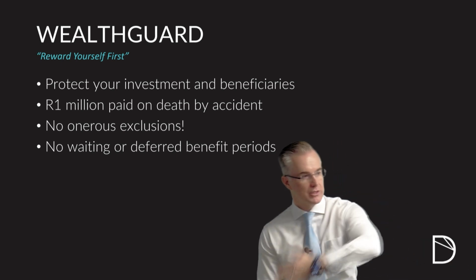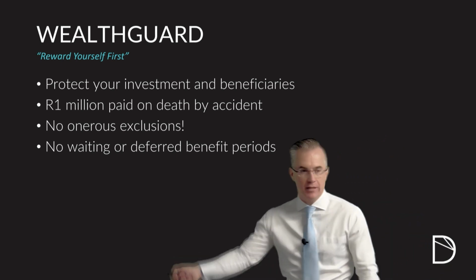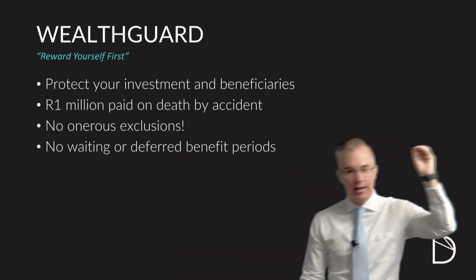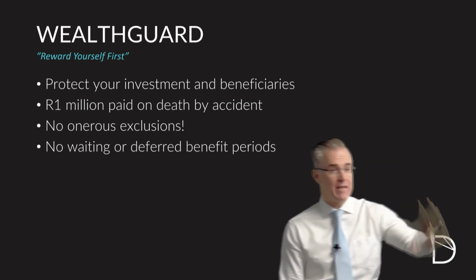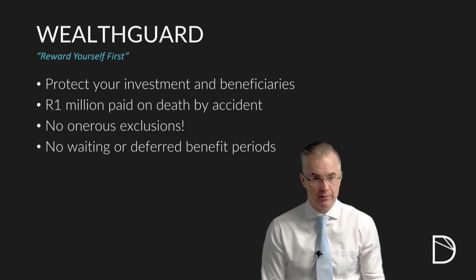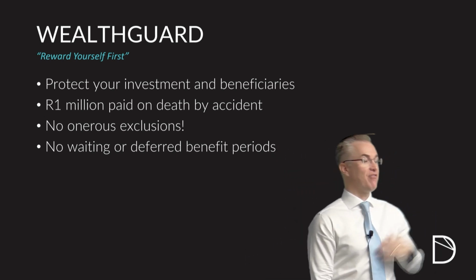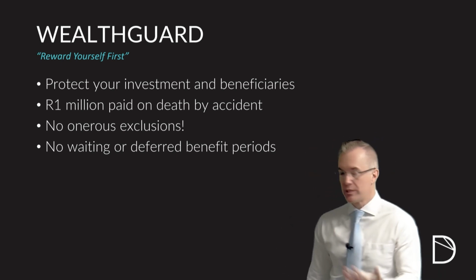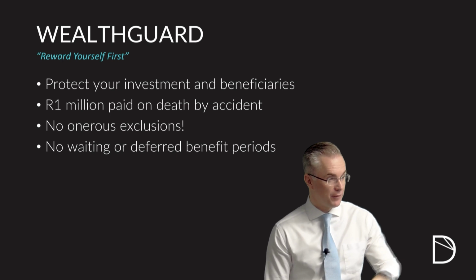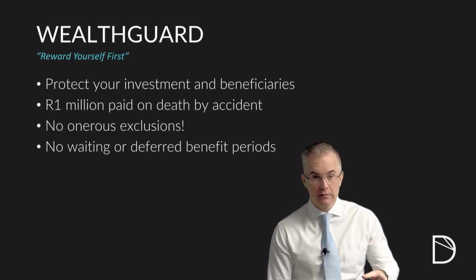But with our personal accident cover, you can now have 1 million Rands worth of cover for something like 65% of the causes of death in South Africa. In fact, I think it's more, like 68%. So people go, no, I want cover for death via illness. But only about 32% of people are dying from illness. The rest are dying from accidents.